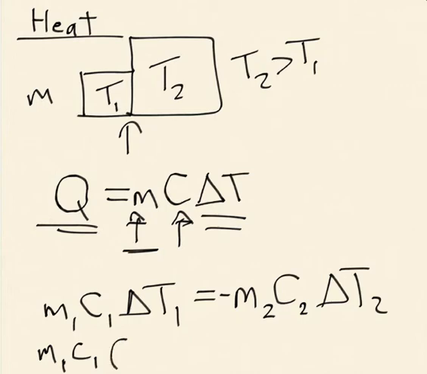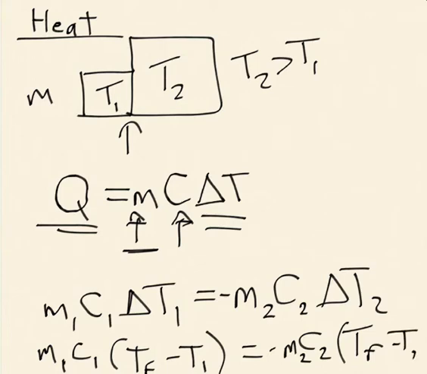And this will be the final temperature. I'll do TF of the system minus T1, and this is going to be minus M2 times C2, T final minus the initial for 2. Okay? All right, so that's now the equation I have to solve.